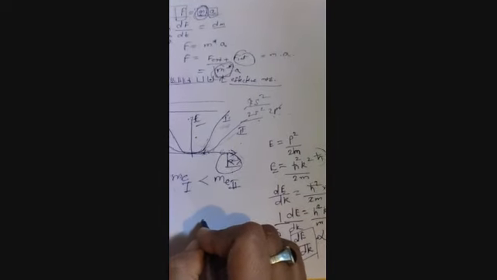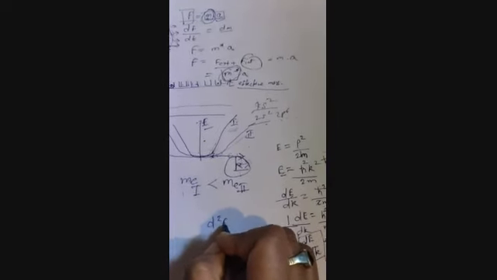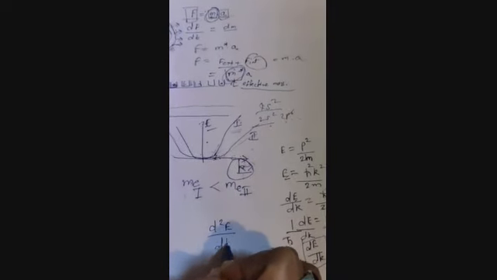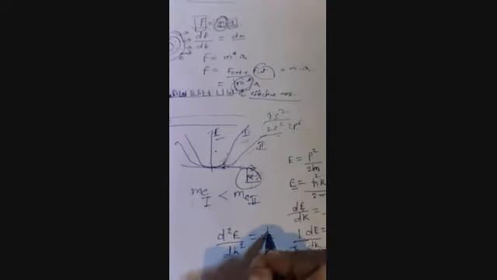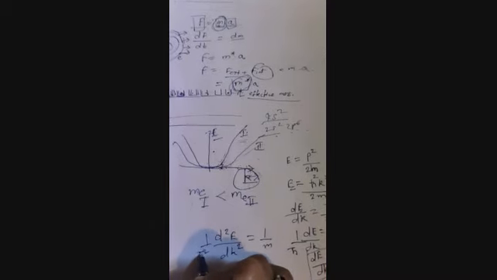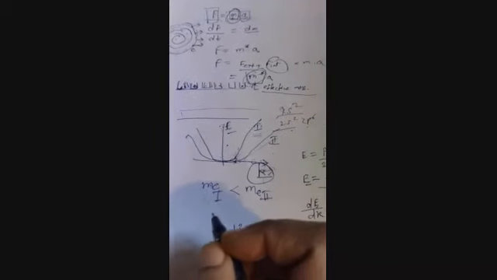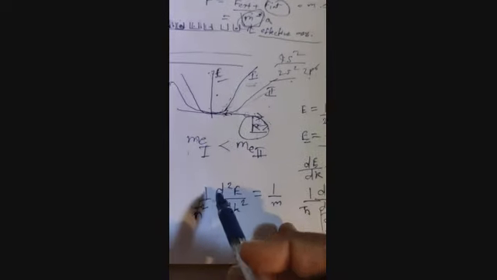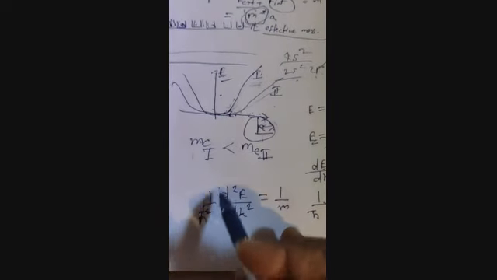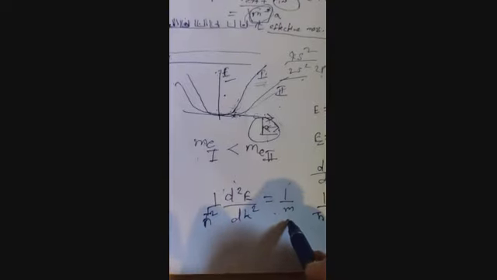Okay, so from now, if I differentiate it again, then d2E by dk square will be 1 upon m into h bar square. So, as I have told you, 1 upon h bar square d2E by dk square is equal to 1 by m.